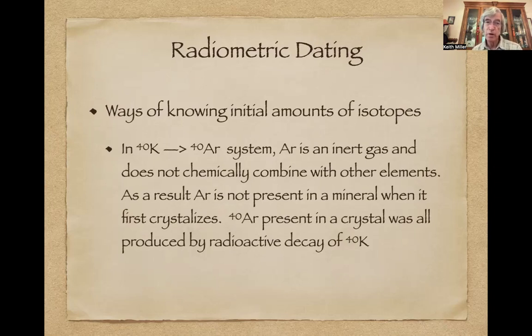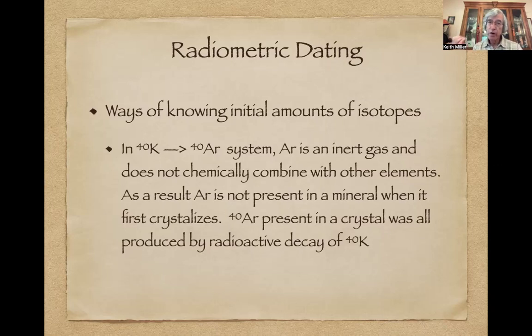If you use the potassium argon method, argon is an inert gas. So the radioactive potassium-40 decays into argon-40. Argon is an inert gas or a noble gas, which means that it doesn't chemically combine with other things. It's extremely stable and it doesn't react to things. As a result, the argon is not present in the mineral when it first crystallizes, because it won't combine in the mineral.